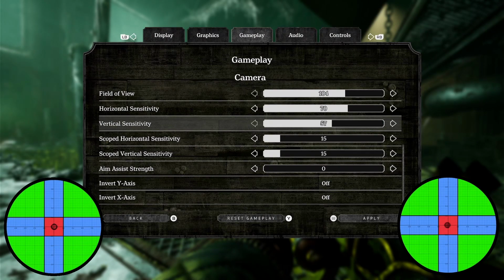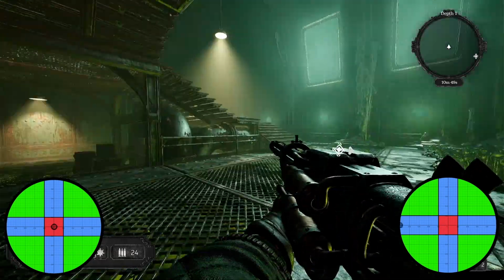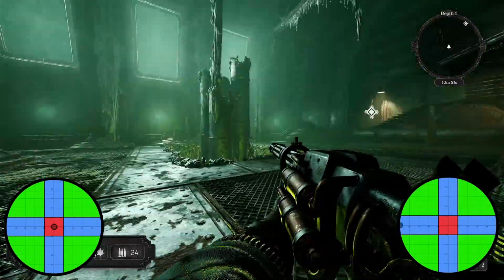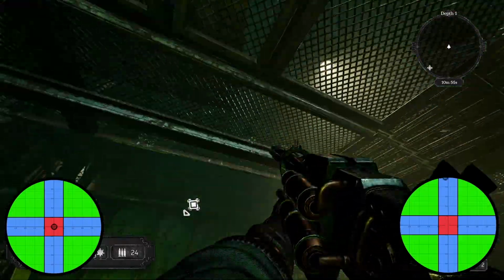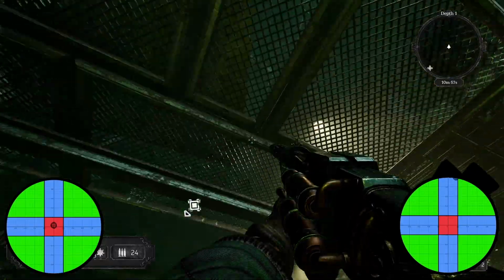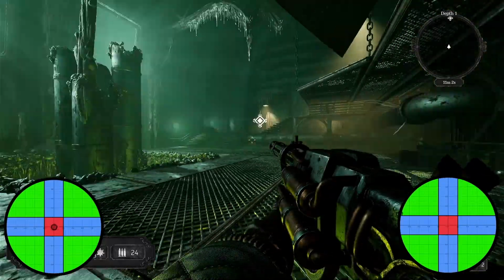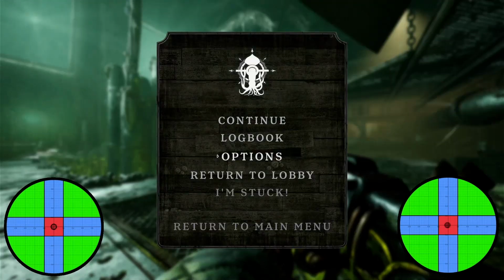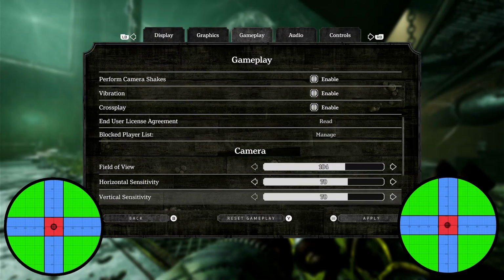So if we raise this to 70, we can see this is the horizontal sensitivity, and this is the vertical sensitivity. The vertical sensitivity is about 40% of the horizontal at the same values. So vertical sensitivity is already much slower than the horizontal, but by default it's even slower than that.